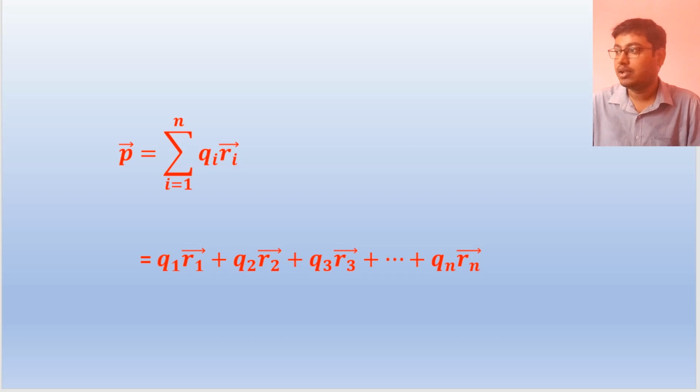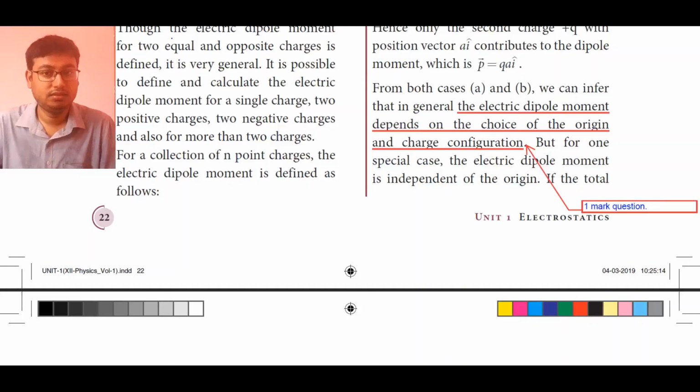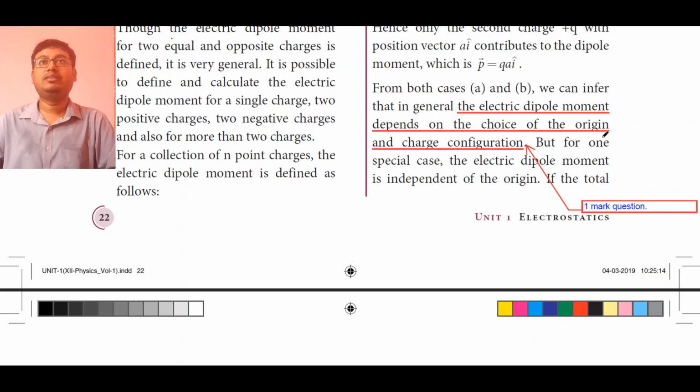Okay, so now coming to our next topic. A very important topic is here. The electric dipole moment depends on the choice of origin and charge configuration. This may be asked in a 1 mark question. Always keep in mind that dipole moment depends on choice of origin. It may be possible that if you change the origin, the sign of total electric dipole will change.